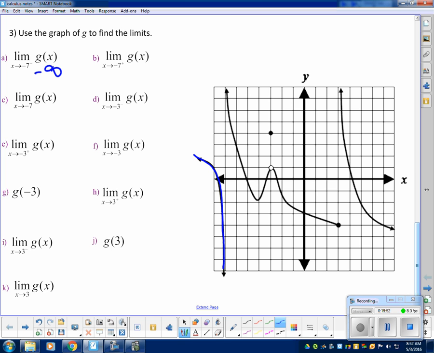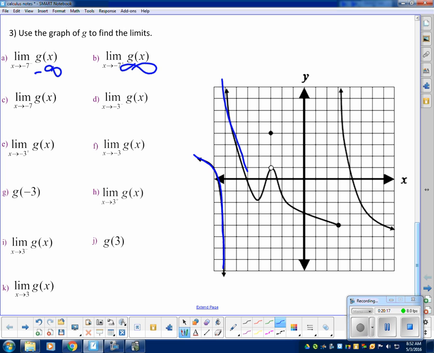What about the limit as x approaches negative 7 from the right? It's going to positive infinity. So what is the limit then as x approaches negative 7? Yeah, it does not exist. Do you see that here?